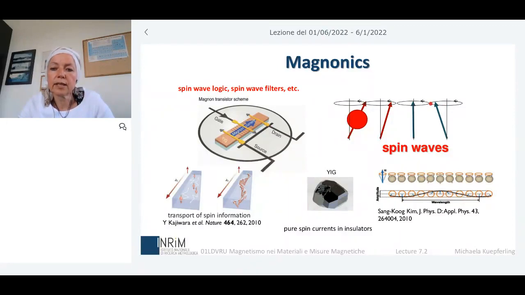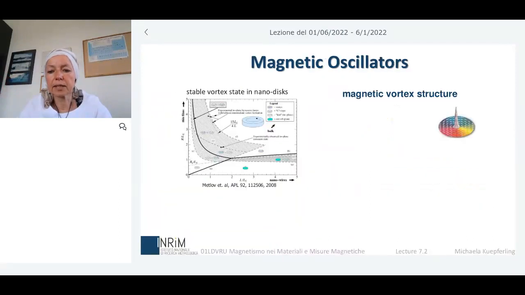If then you go towards the quantum world, you would call the spin wave simply a magnon. So this would be the difference between spins coupled by exchange, while for spin waves, usually we think about spins or magnetic moments coupled by magnetostatic fields.